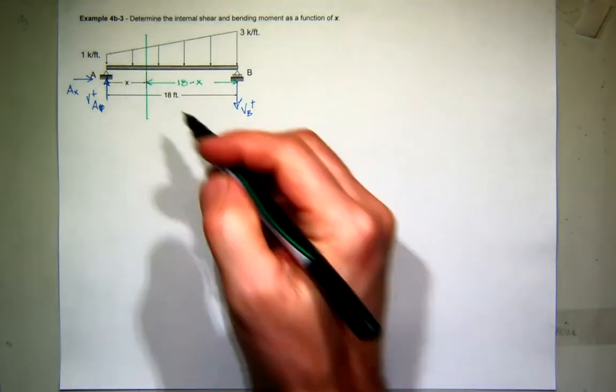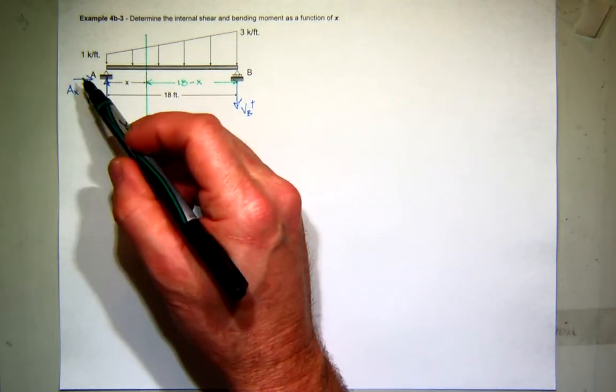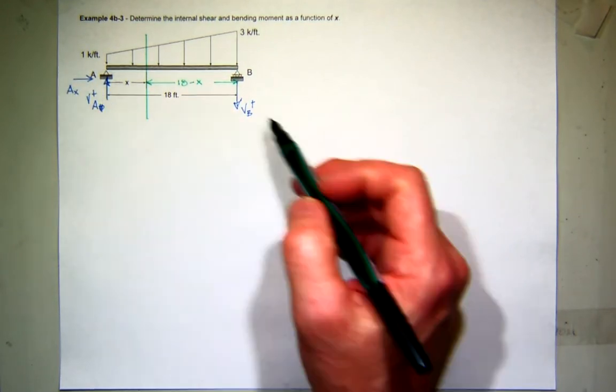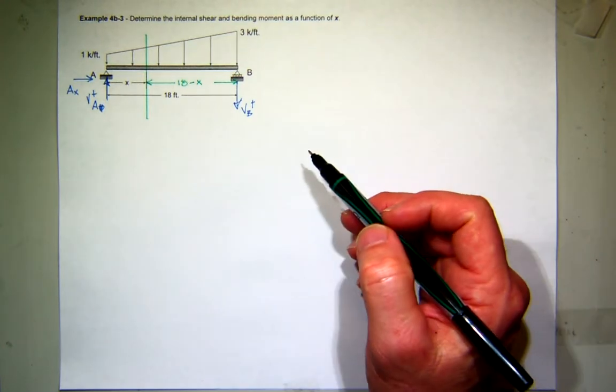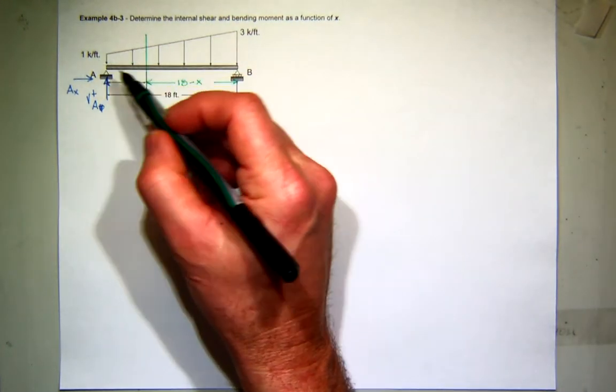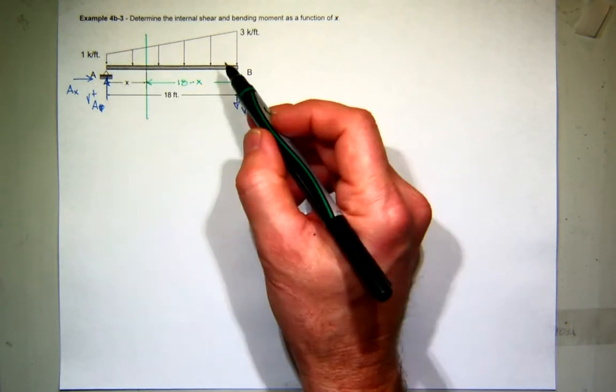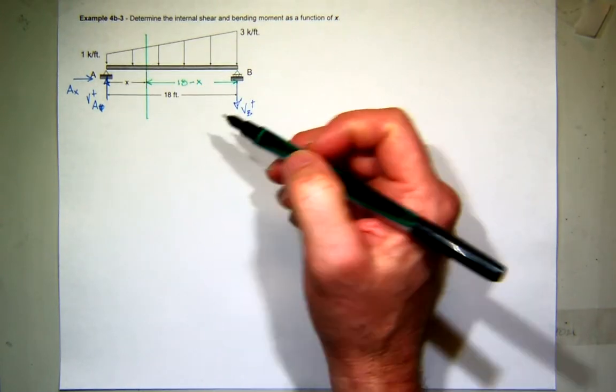Okay, so really we know the sum of the x will be easy to find, so there's really no clear advantage in terms of the reactions. I've got to find one. Okay, so now what kind of load do I have on this left side? It's trapezoidal. What kind of load do I have on the right side? It's trapezoidal.